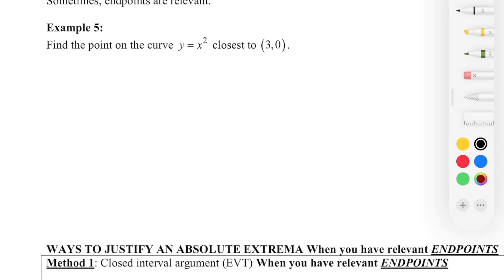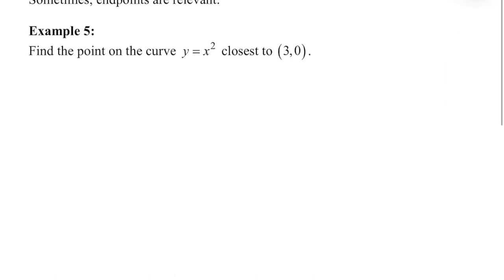We're going to say find the point on the curve, and instead of y equals x squared, we're going to turn it into y equals 4 minus x squared. It's easier, trust me. And then closest to the origin. Okay? So find the point on this curve, y equals 4 minus x squared, closest to the origin. So in order to understand what's happening, let's sketch this.